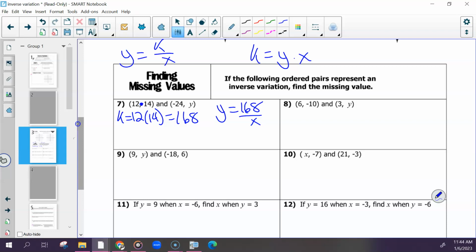Then look at the other ordered pair, see what you have and what you're missing. We have x, we don't have y. Put that value in for x.